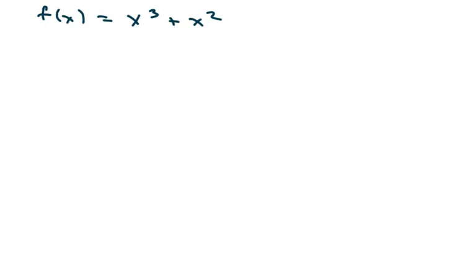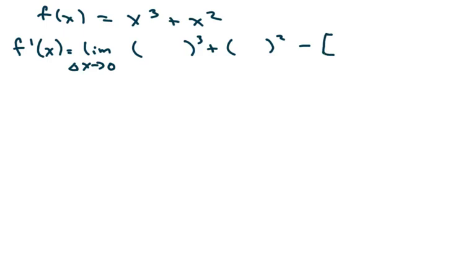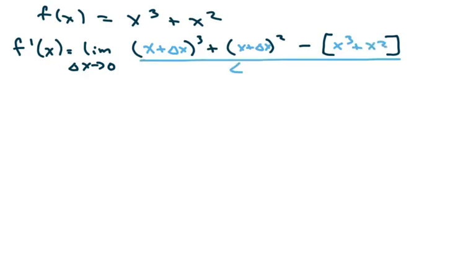I'm going to take the derivative by the limit process. So everywhere there's an x, I'm going to put parentheses, and then I subtract my whole function. Alright, so I'm going to put x plus delta x, plus delta x, and then here I'm going to put x cubed plus x squared. And this is all over delta x. Okay, clean this up.